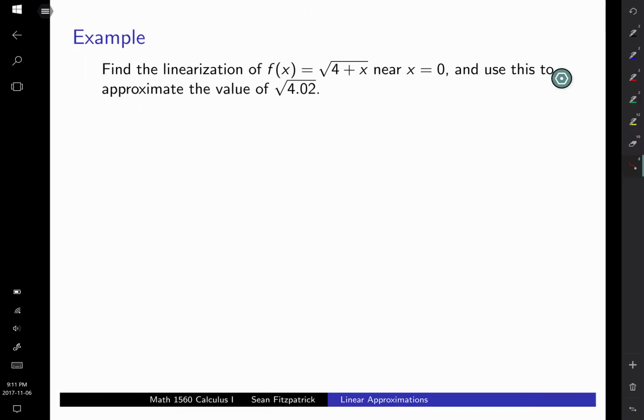So here's our function. It's a square root function. Not too complicated, but still, it's a little bit more complicated than a linear function, or really even a polynomial function. So how do we calculate this thing?